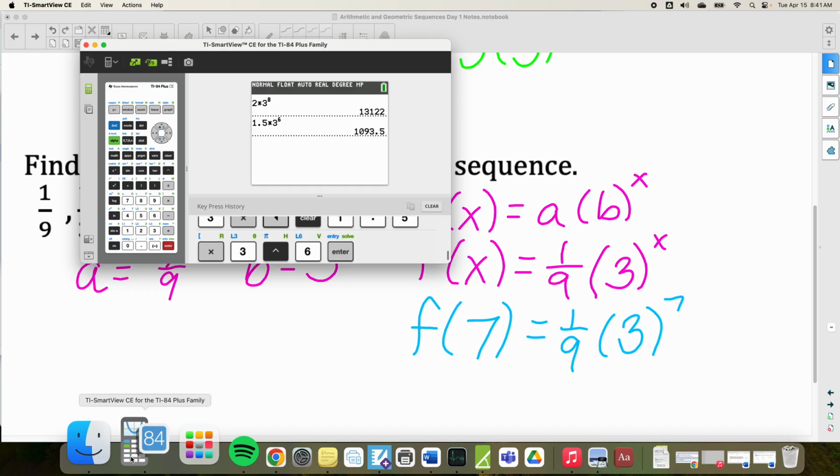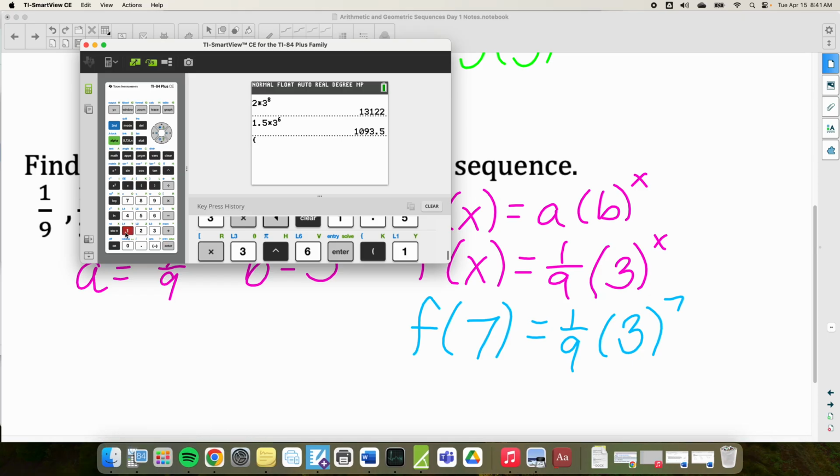Before the CE versions came out, the newest ones, I just use parentheses all the time because every calculator can use parentheses for fractions. So what I would do for that 1/9, I'd go parenthesis 1 divided by 9 parenthesis times 3, and then up arrow 7, enter. Did you get 243?